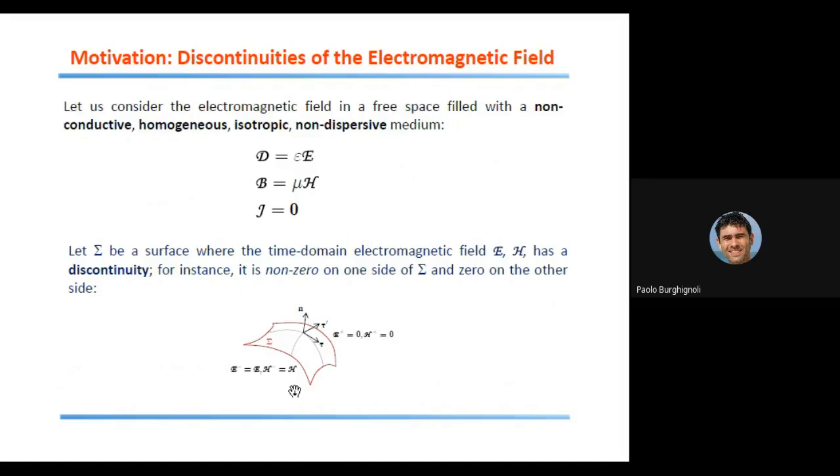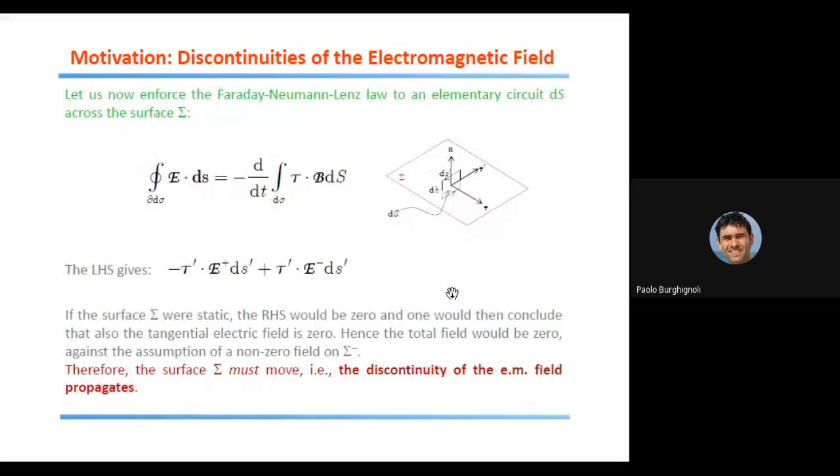Okay? So therefore, we are forced to conclude that the surface sigma cannot be static, but the surface must move. And this is a first fundamental conclusion that comes directly from the basic Faraday-Neumann-Lenz law. If you have a surface of discontinuity of the electromagnetic field, that must move. So here we have the phenomenon of electromagnetic wave propagation built into the basic laws of electromagnetics.